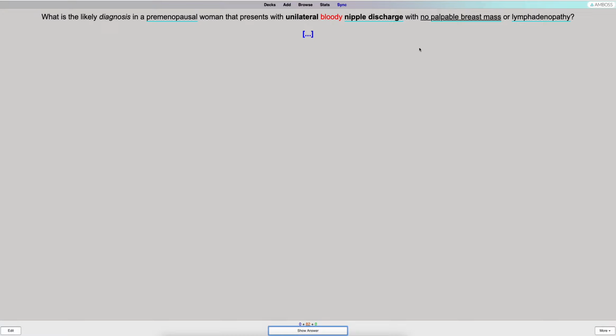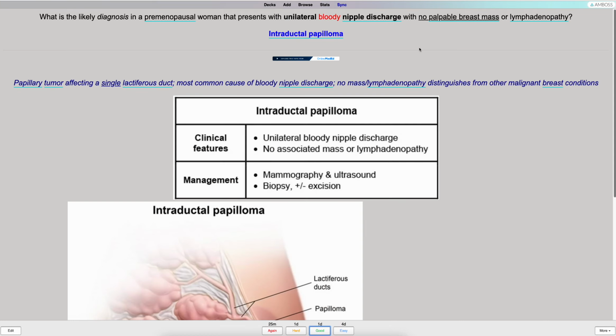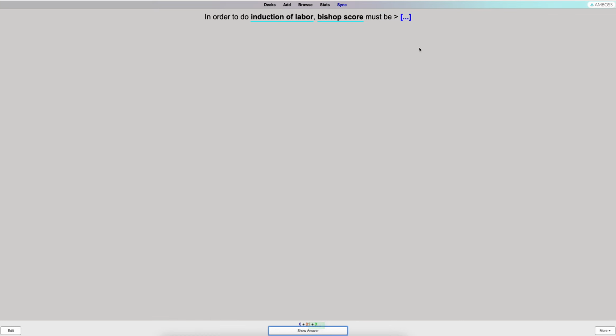is fetal laser coagulation. Bloody nipple discharge is intraductal papilloma. For induction of labor, the Bishop score must be greater than 6. A dilated cervix on physical exam is diagnostic of what?